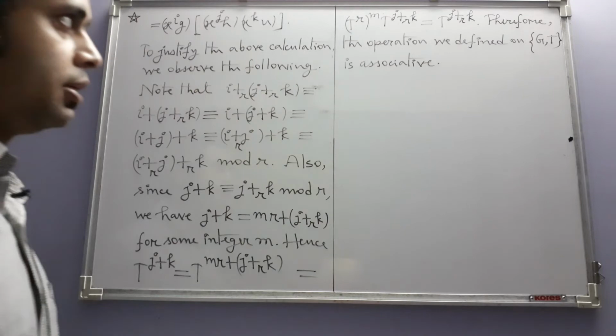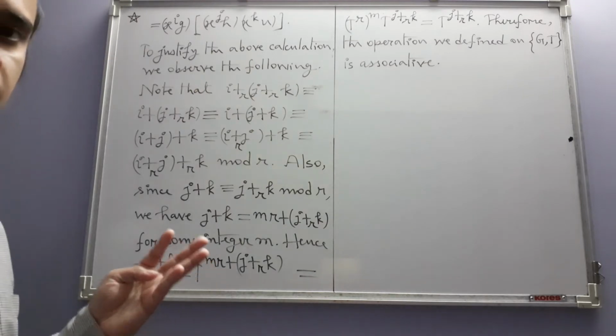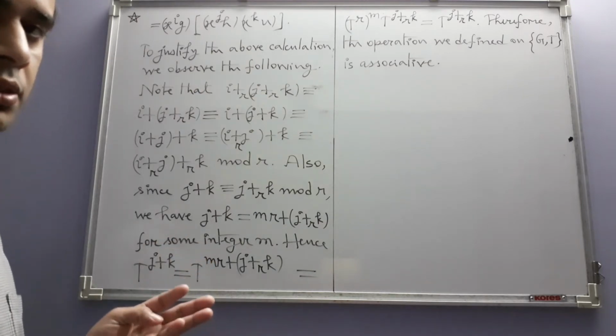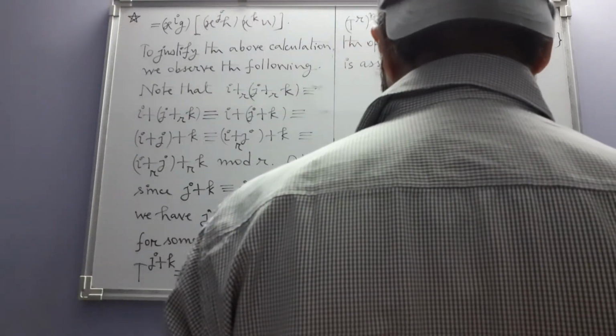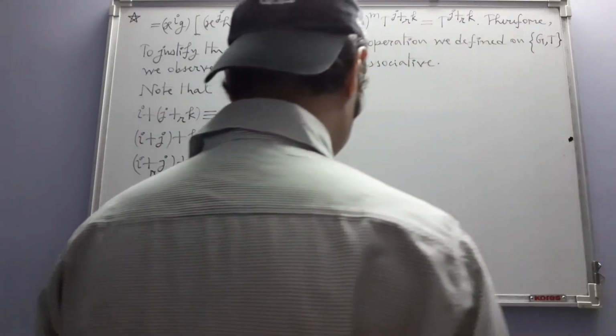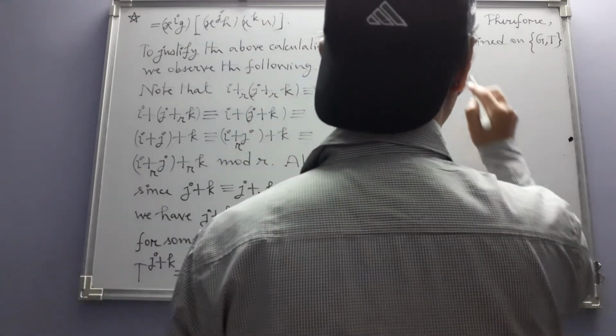What else do we need? Existence of identity and existence of inverse for each element. Identity is very easy to guess, which is just this.